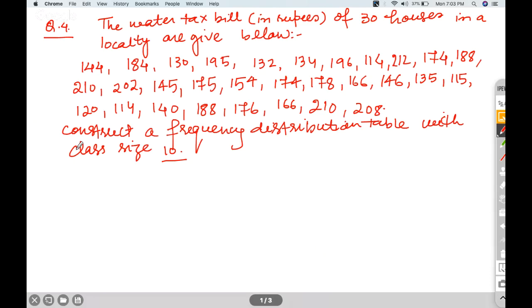Okay, Shraddha has done it. I've got only one answer till now. I'll wait for 2 more minutes.